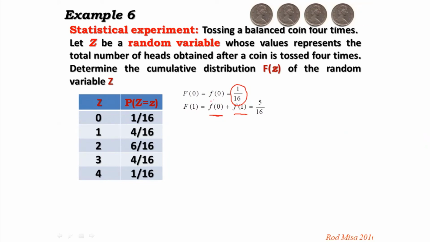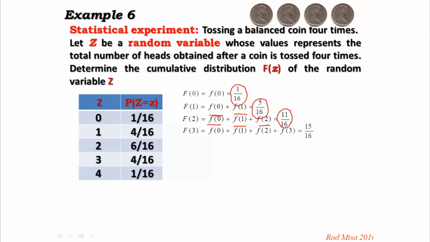The small f of 0 is 1 over 16, while the value of f of 1 is 4 over 16. Thus, the total is 5 over 16. And solving for the big F of 2, it's the probability of the random variable 2 plus the probability of the random variable 1 and the probability of random variable 0. So adding these 3 individual probabilities, we have 11 over 16.